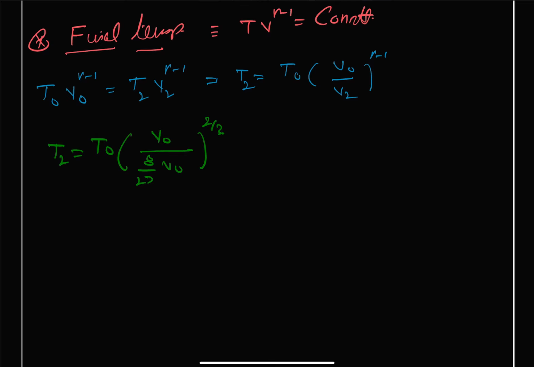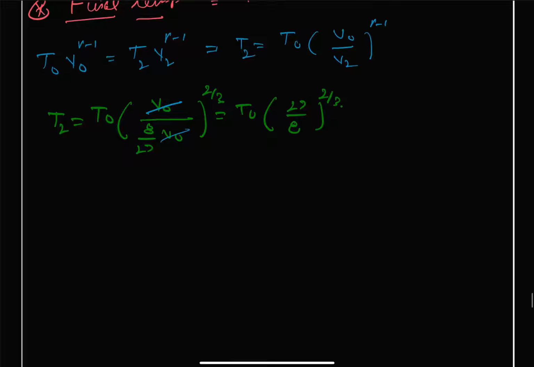And here V naught and V naught cancel out. This comes as our T naught times 27 upon 8 to the power 2 by 3. So we get that our T2 will be equal to 9 by 4 times T naught.